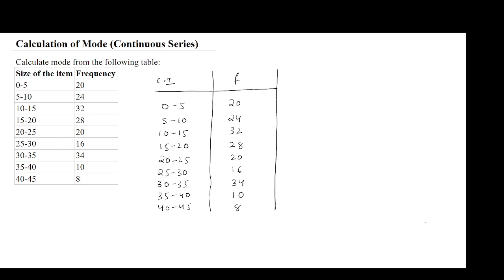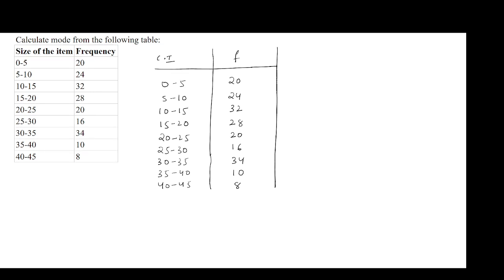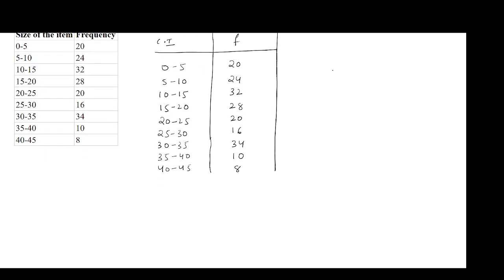Now the calculation of mode for case number 3 is very simple. We have to use a formula for this. So mode is equal to L plus H into Fm minus F1 divided by 2 times Fm minus F1 minus F2.